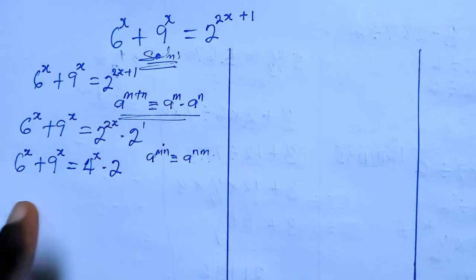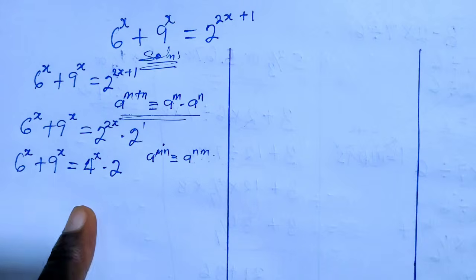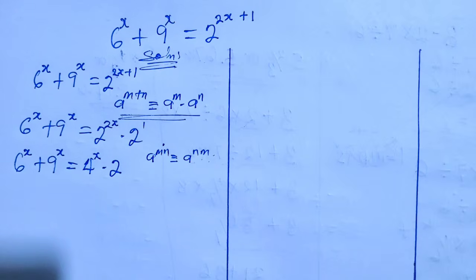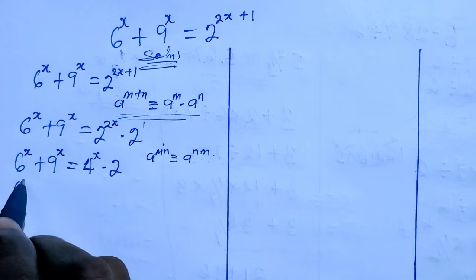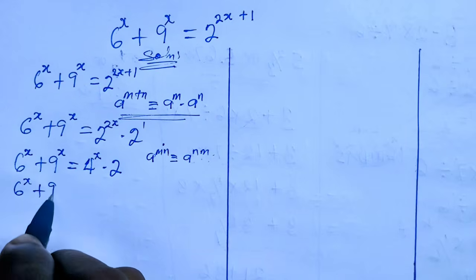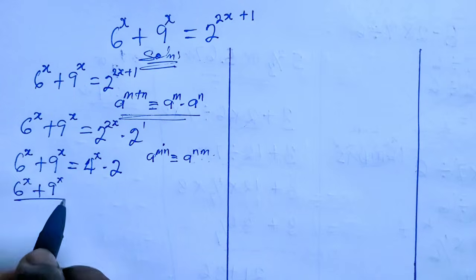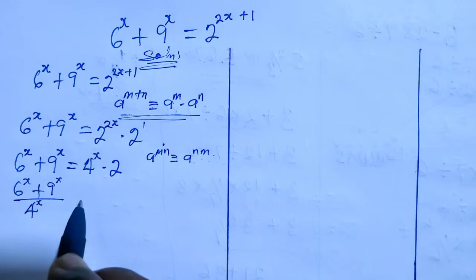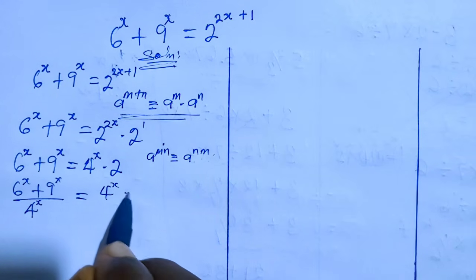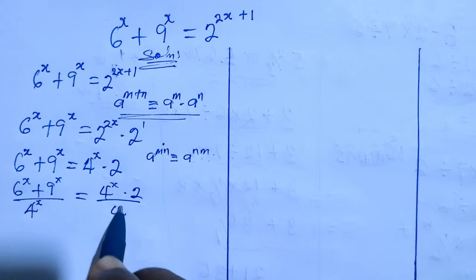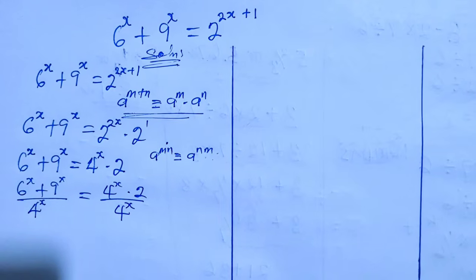At this point, we are going to divide both sides of the equation through by 4 to the power of x. This equation becomes 6 to the power of x plus 9 to the power of x divided by 4 to the power of x equals 4 to the power of x multiplied by 2 divided by 4 to the power of x.